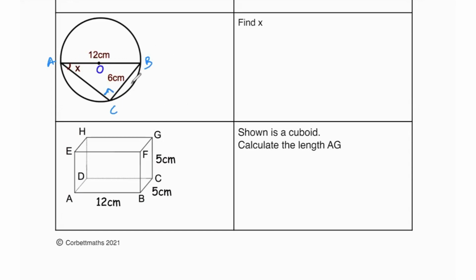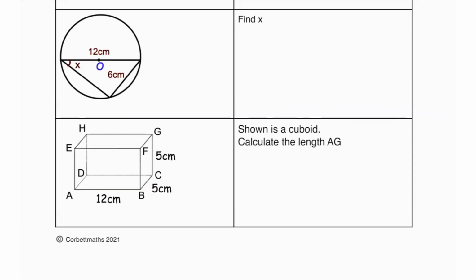We have the hypotenuse, we have the opposite, we have to find the angle. So we use sine theta equals opposite 6 over hypotenuse, which is 12. x equals sine inverse of 6 over 12, and that gives us 30 degrees. That's your answer.